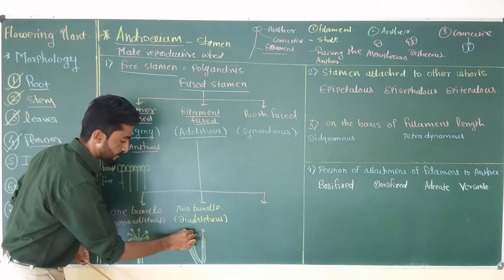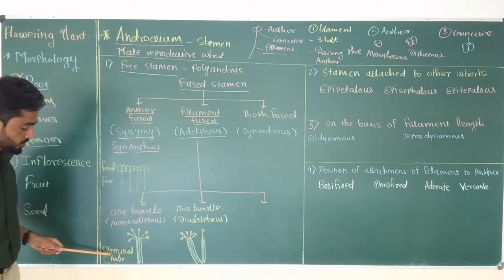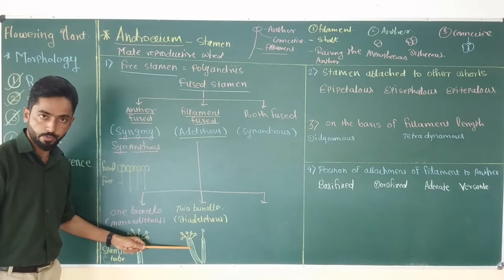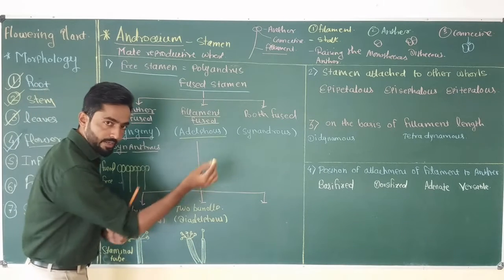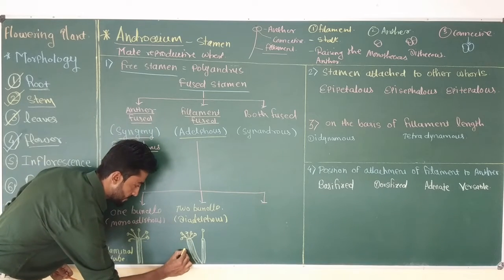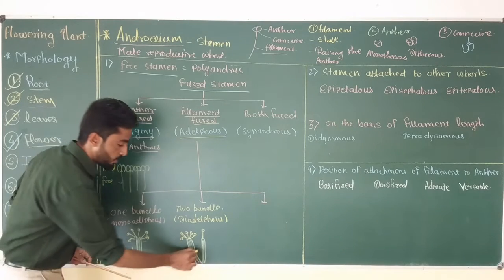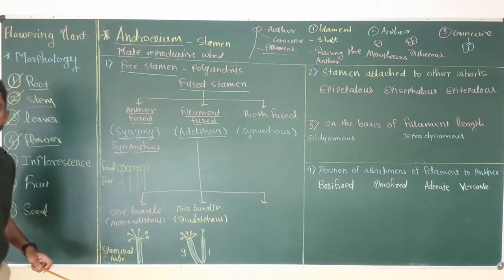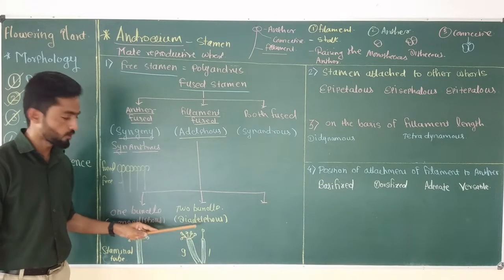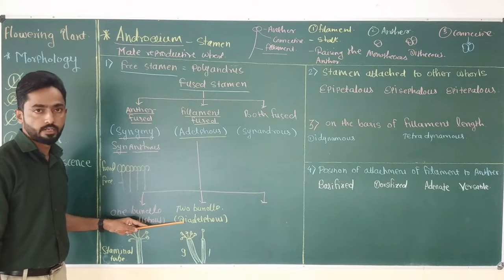Such condition is called diadelphous condition because two staminal tubes are produced in the flower. In many cases, the larger bundle contains 9 filaments, while the smaller bundle contains 1. This 9 plus 1 arrangement of the filaments is observed in diadelphous condition.